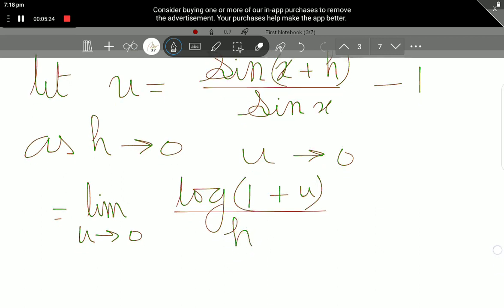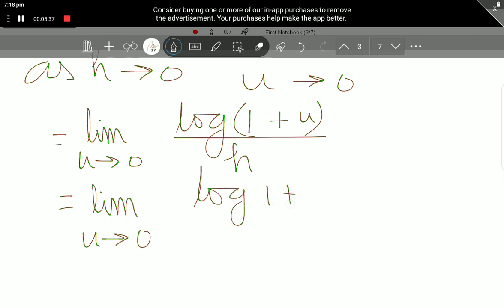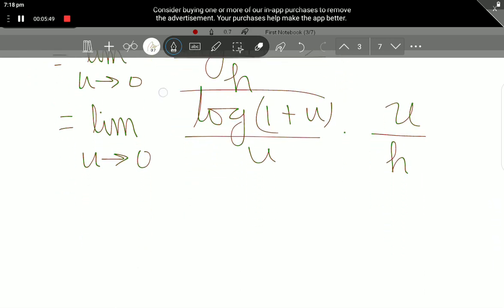But still we can't apply that formula. If we want to apply that formula which you know about logarithm, let's divide and multiply by u. Now we know that limit u tends to 0, log of 1 plus u by u equal to 1. The whole thing is just 1. But what about the other limit?